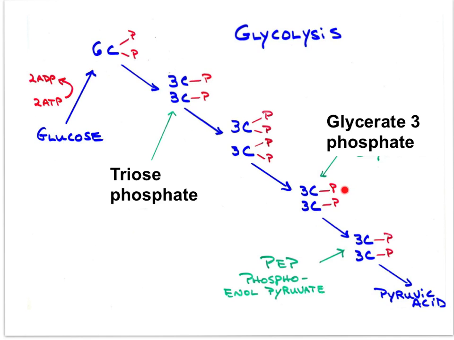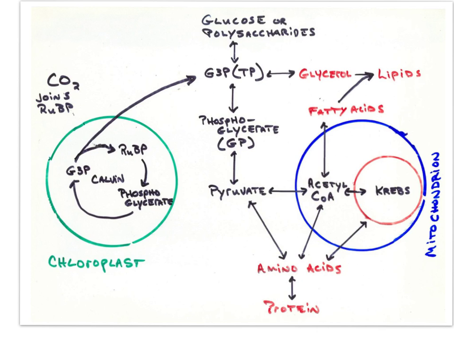This is the first significant molecule after RuBP joins with carbon dioxide. The organic intermediates of both the Calvin cycle and glycolysis are central to the metabolism of many biomolecules: glycerol to lipids, fatty acids to lipids, and amino acids to proteins.